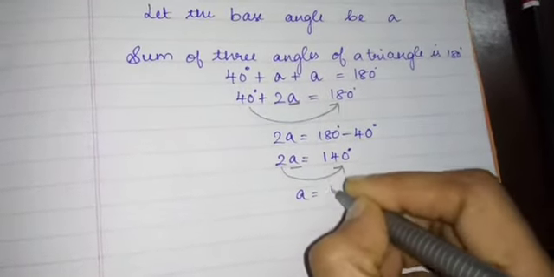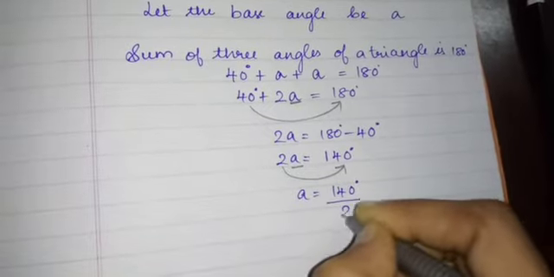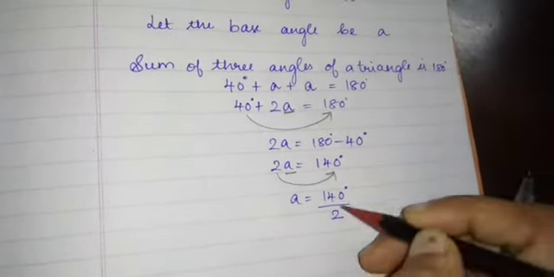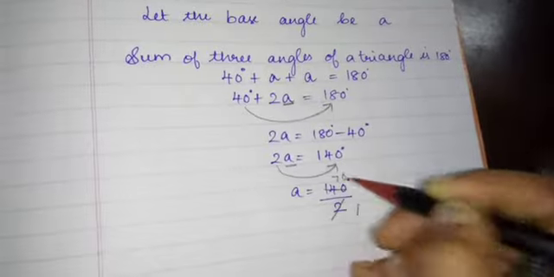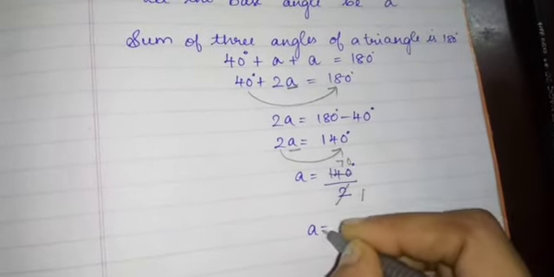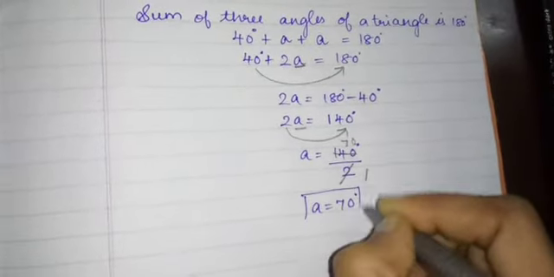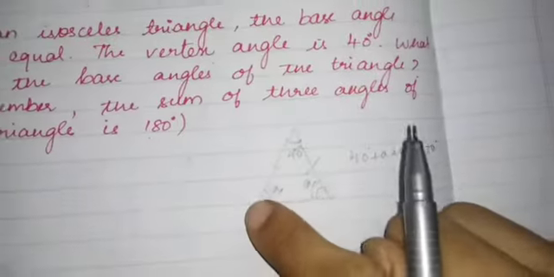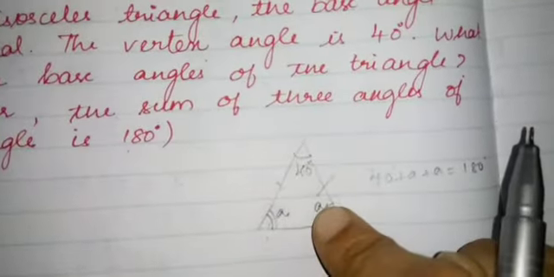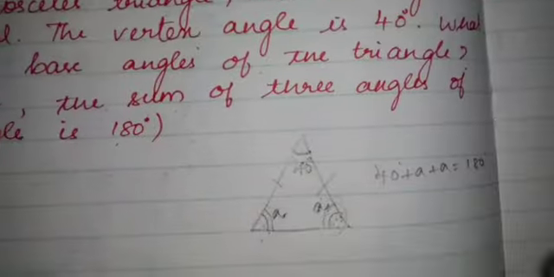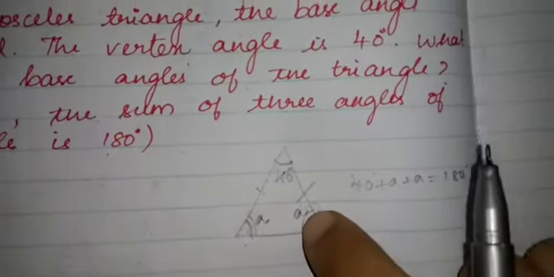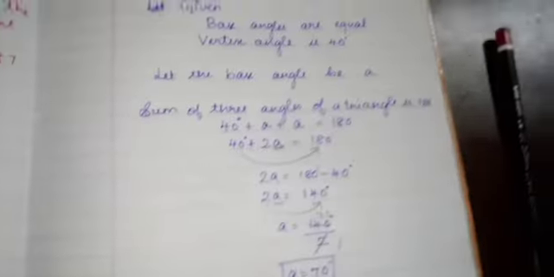So A is equal to 140 degree divided by 2. 2 ones are 2, 2 sevens are 14. So A value is what, children? 70 degree. If A is 70, this angle is also 70 degree. Is it correct? If this is 70 degree, this is also 70 degree.